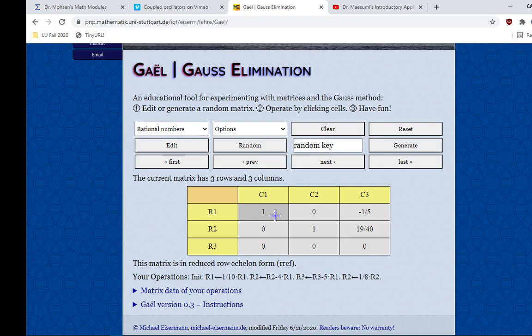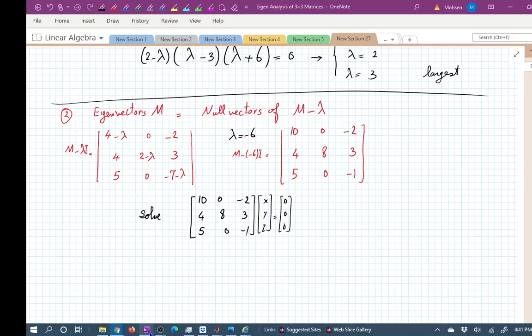Let me write it down so that we do the rest of it on paper. So we did the reduction, 0 1, and the last one is the peculiar number 19/40, and down there is our good luck sign: we got a row of zeros. Otherwise, it means something's wrong.